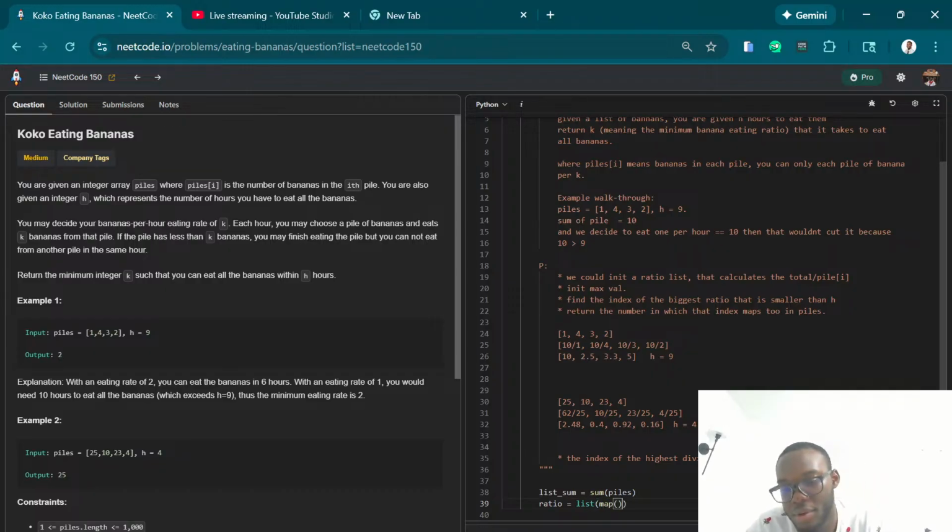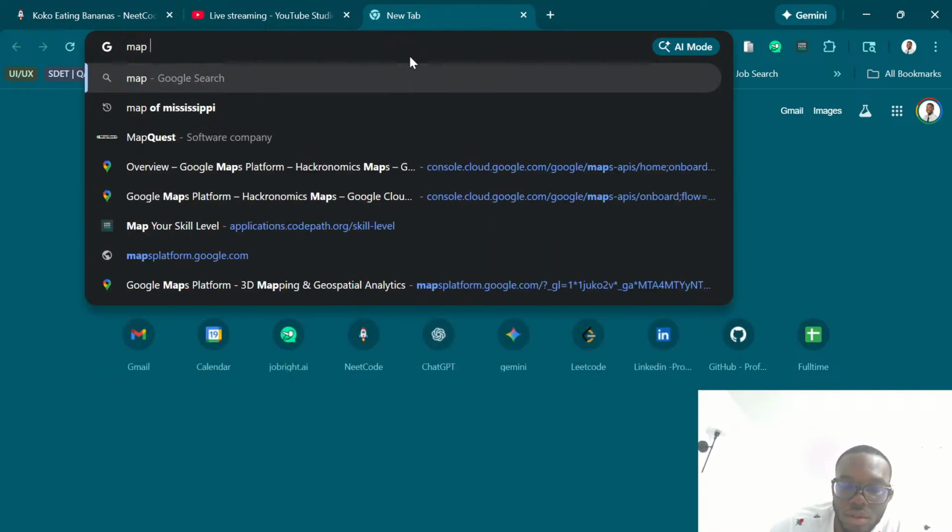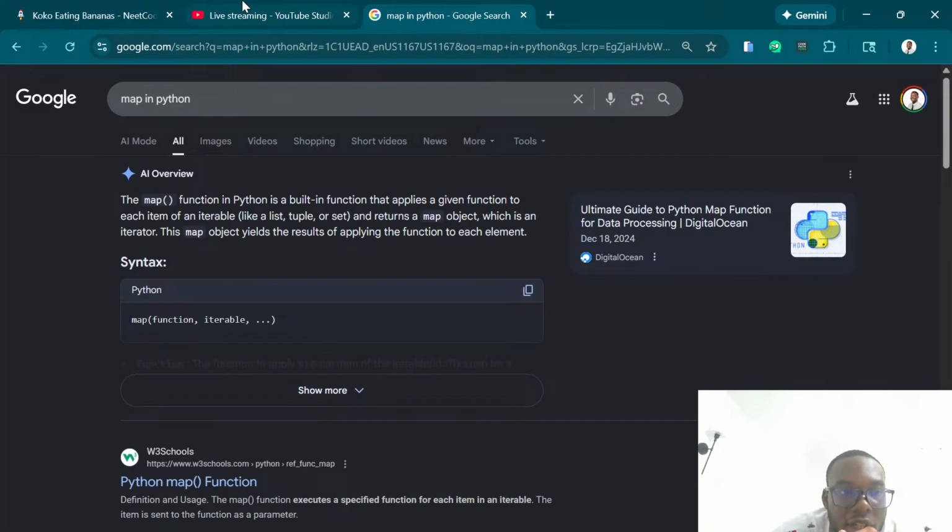Right? Yeah, map. How does map work again? It's the function, then the iterable, right? Function and iterable, yeah, that's correct.